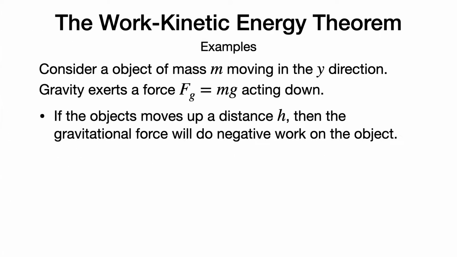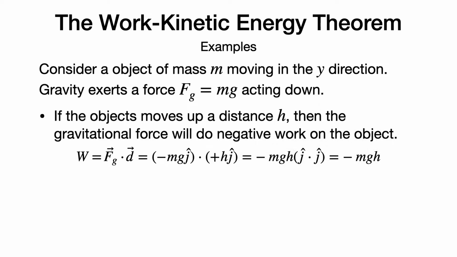We can also consider what happens if the object moves up a distance h. Then the gravitational force will do negative work on the object. So our displacement goes from minus h j hat to plus h j hat. And if we work out the work, we get minus mgh, that negative work we said we would get.